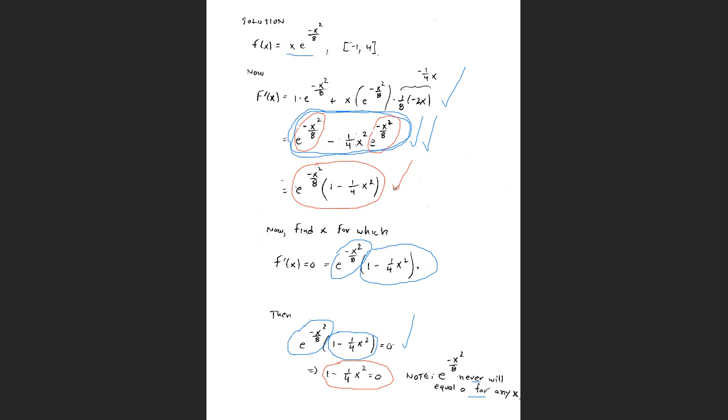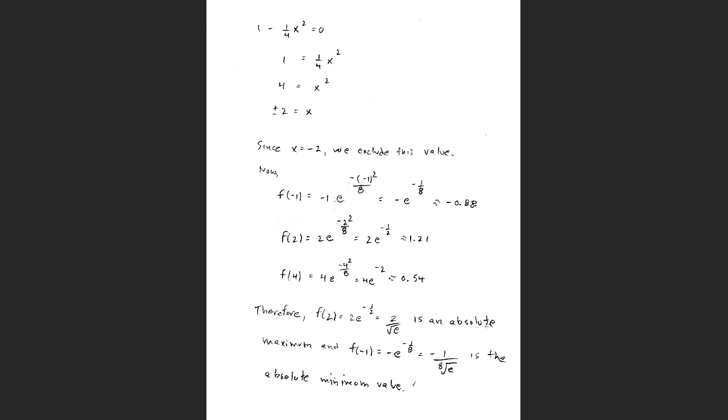Okay, well, let's go ahead to the next page then and solve for x. So again, I'm focused on solving 1 minus a fourth x squared equals 0. If that's the case, then 1 equals a fourth x squared.